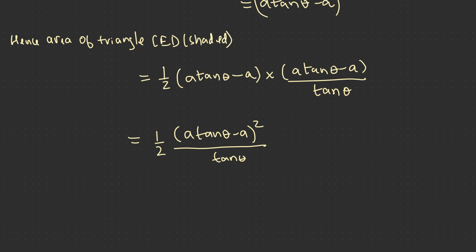So I can write this as half times A square times tan theta minus 1 whole square over tan theta. Well, I could say this is in terms of A and theta, the answer.